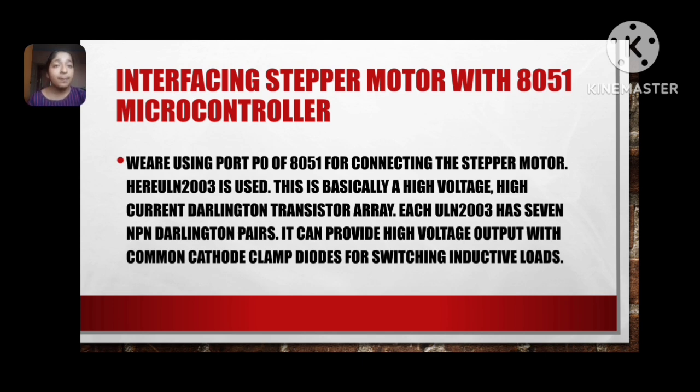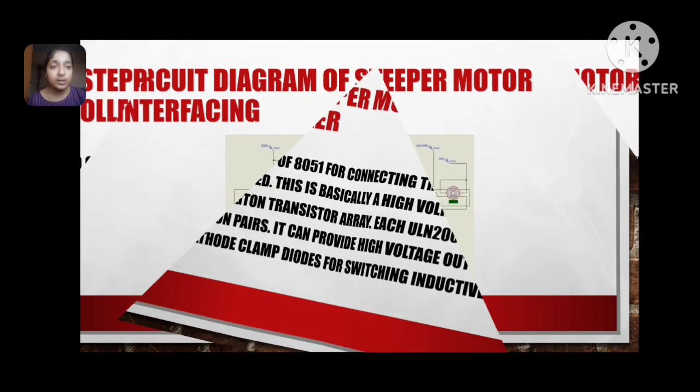For connecting the stepper motor, the ULN2003 is used. This is basically a high voltage, high current transistor array, which has 7 NPN transistors, and it can provide high voltage output with common cathode clamp diodes for switching inductive loads.